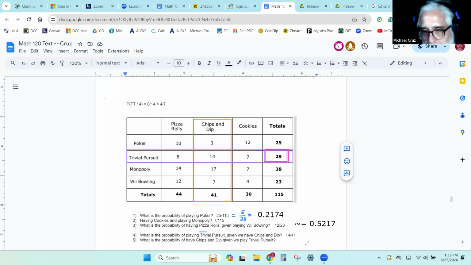Okay, so then this one is 14 still over 29. 14 over 29, approximately equal to, let me hit that calculator.